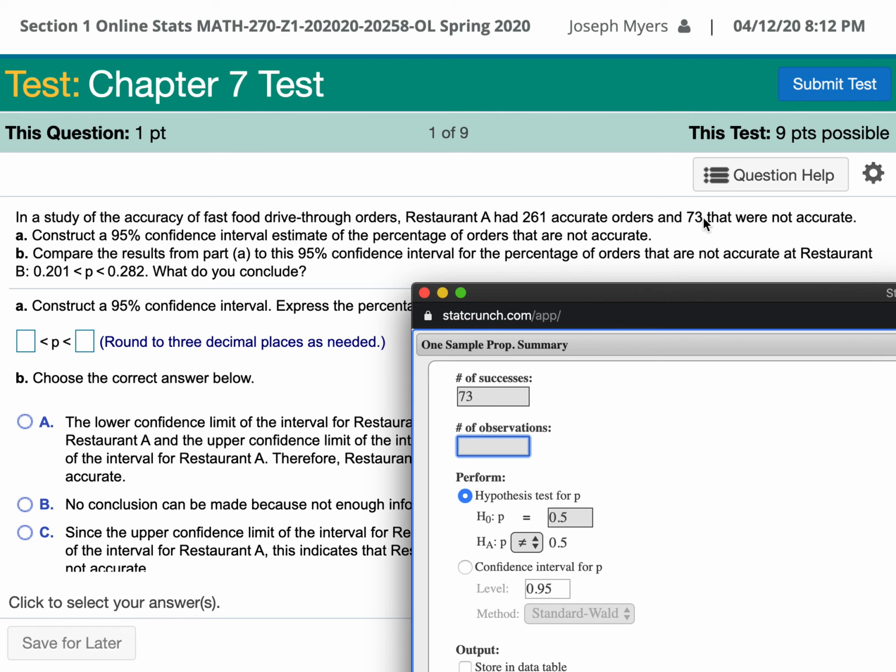So if you take 261 plus 73, you get 334 observations.